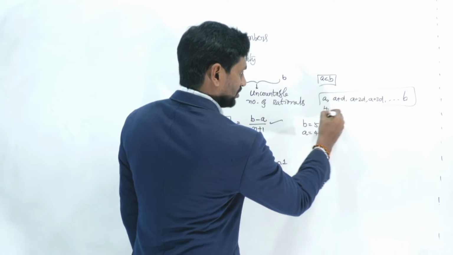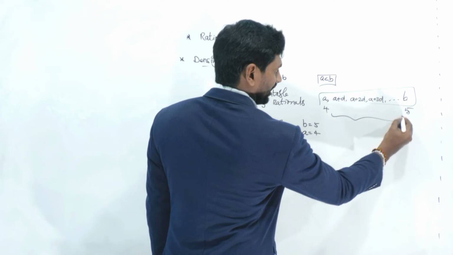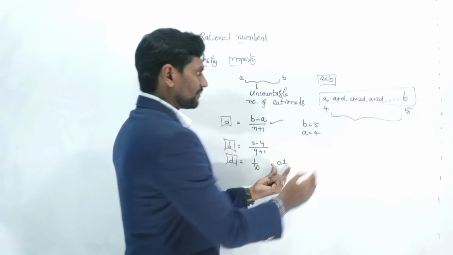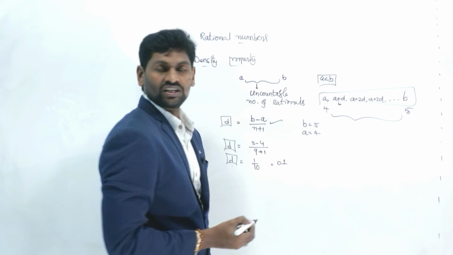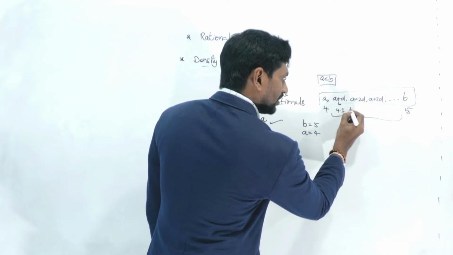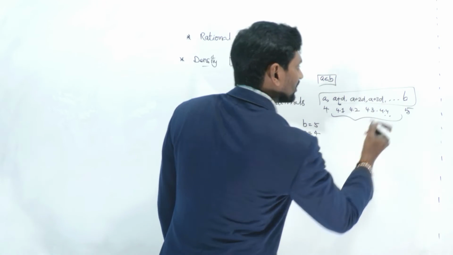In case a value is 4 and b value is 5, we can find between them 10 rational numbers or 9 rational numbers. So this is 5, right? What is the next immediate number? A plus d. A plus d means 4 plus 0.1, 4.1. Next 4.2, 4.3, 4.4, like that.